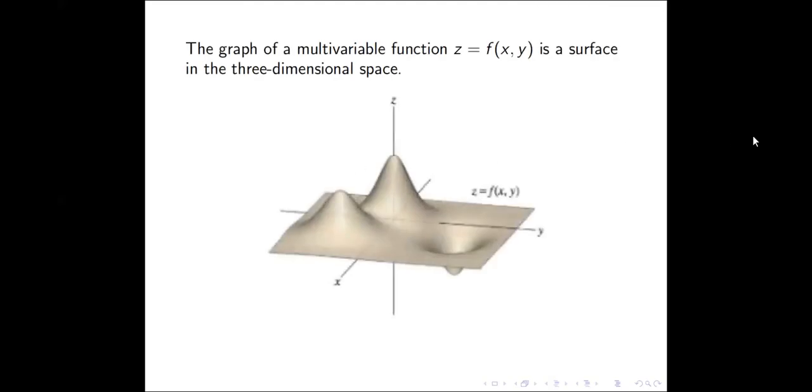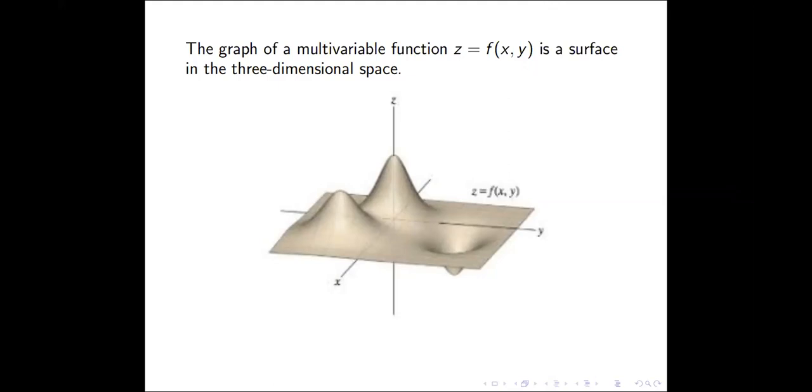So now we're adding a third axis to our usual rectangular coordinate system with the x and y axis, so that instead of plotting just an ordered pair, we're going to plot an ordered triple, so that if we collect all the points satisfying the given equation here, z equals f of x, y, what we will have is not a curve, but a surface in general.